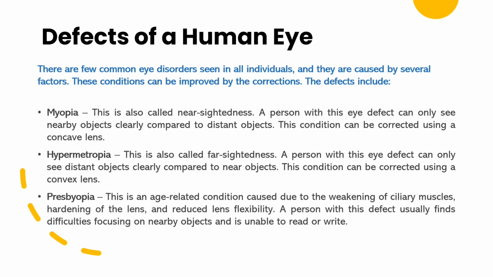Sometimes a person may suffer from both myopia and hypermetropia. So these people have to wear bifocal lenses. Bifocal lenses, as the name indicates, contain both concave and convex lenses.